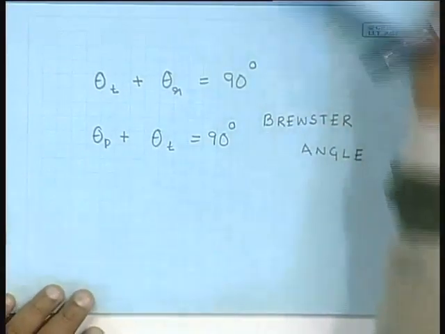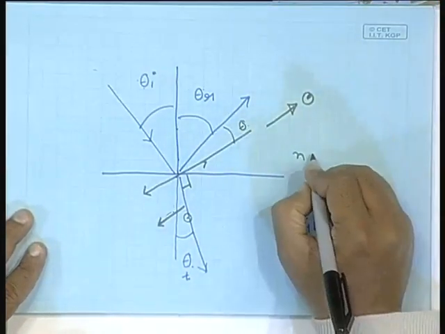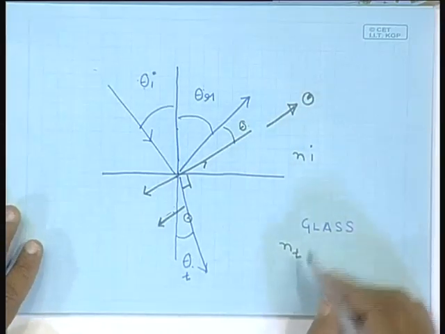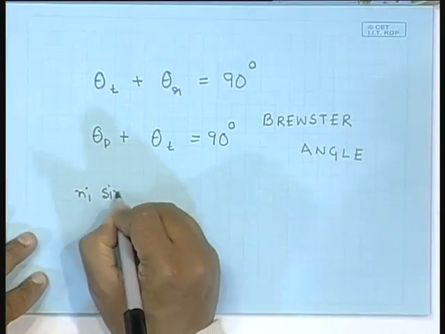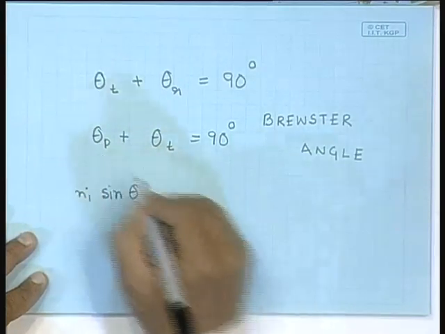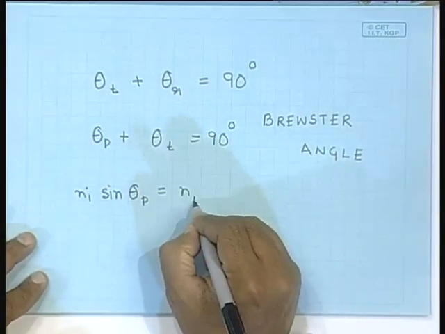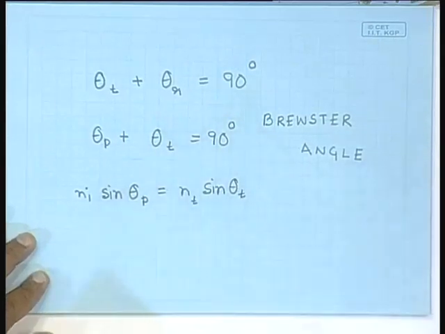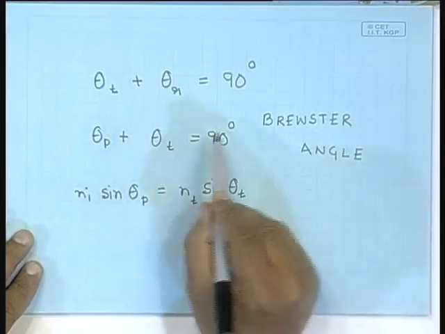And we know that Snell's law can also be applied here. So, if I say that this has a refractive index n I and this has a refractive index n t, the incident medium and the transmitted medium, then n I sin theta I, which is the same as the polarization angle when this condition is satisfied, is equal to n t sin theta t, and theta t, the transmitted angle, is equal to 90 minus theta p.